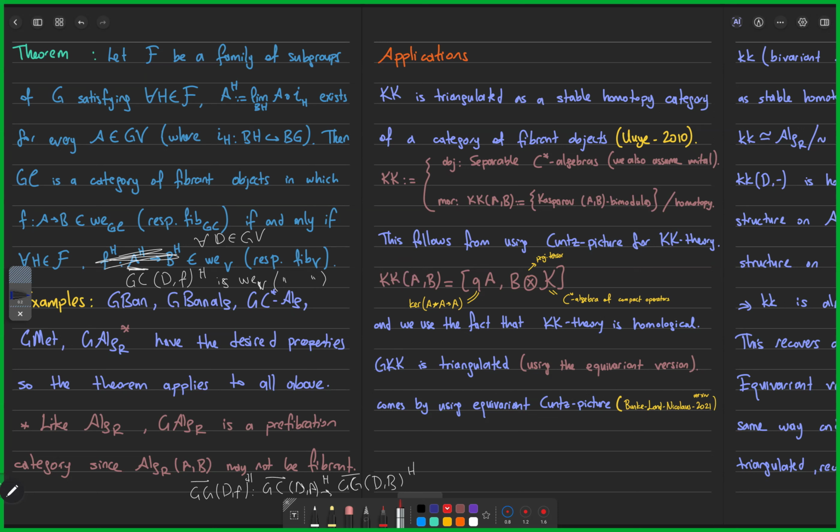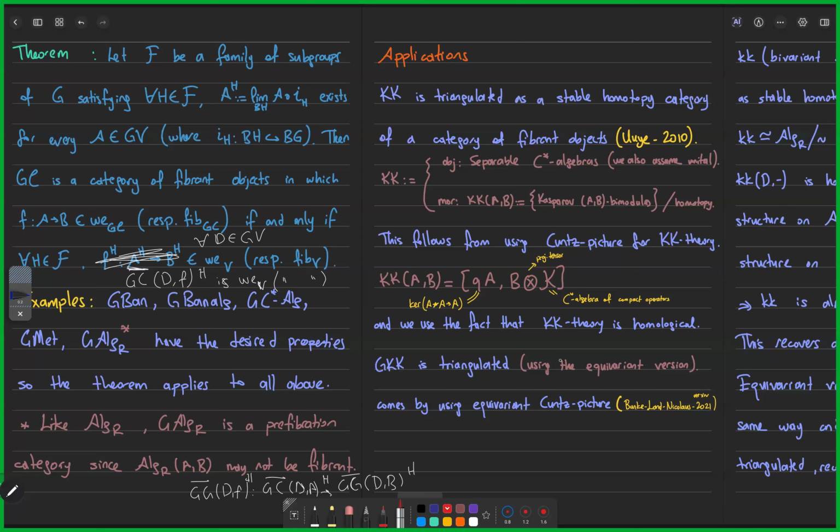So here QA is the kernel of the codiagonal, and K is the C-star algebra of compact operators on an infinite dimensional Hilbert space, and this tensor product is the projective tensor product. The square brackets mean the homotopy classes of maps. And this homotopy relation actually coincides with the path homotopy that comes from the category of fibration objects structure.